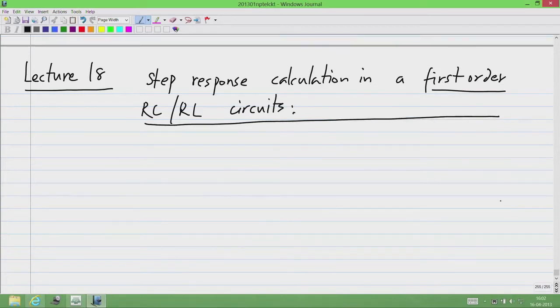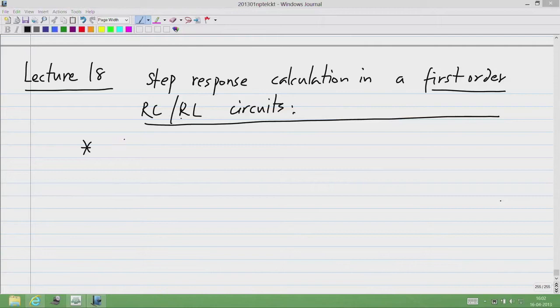In a first order RC or RL circuit, let us say we are calculating a particular quantity Vx. We could be calculating some voltage or some current, it does not matter.